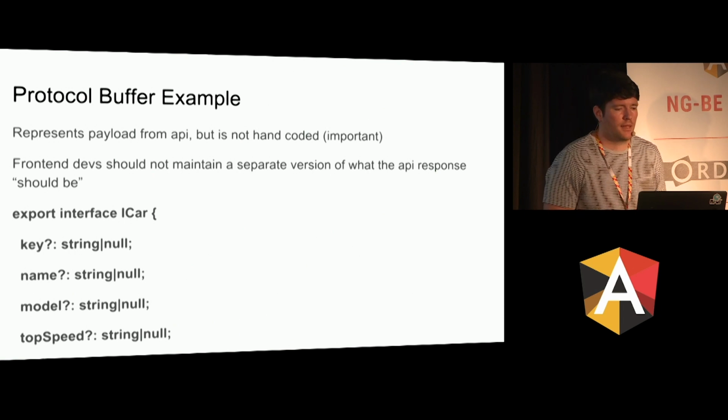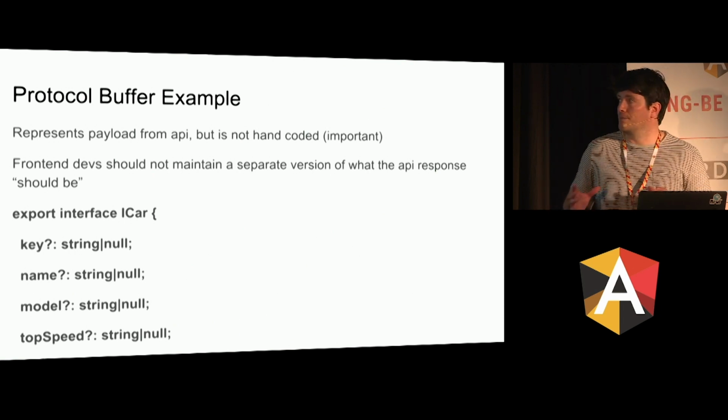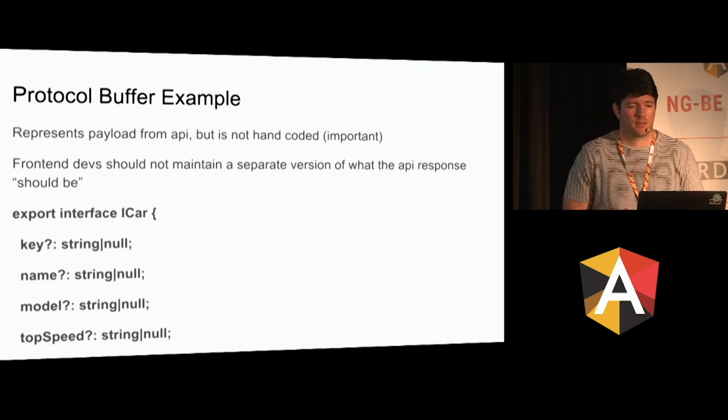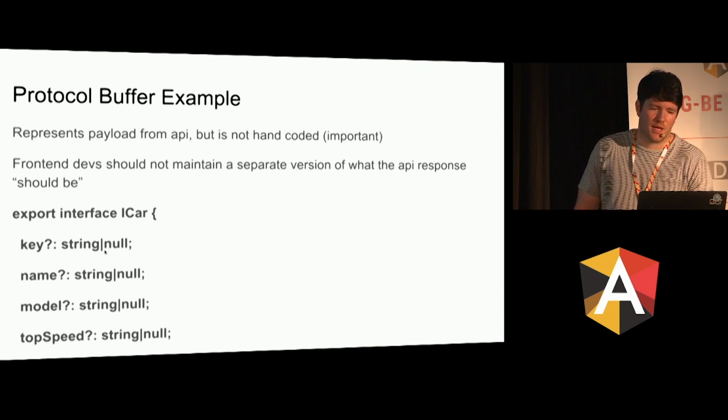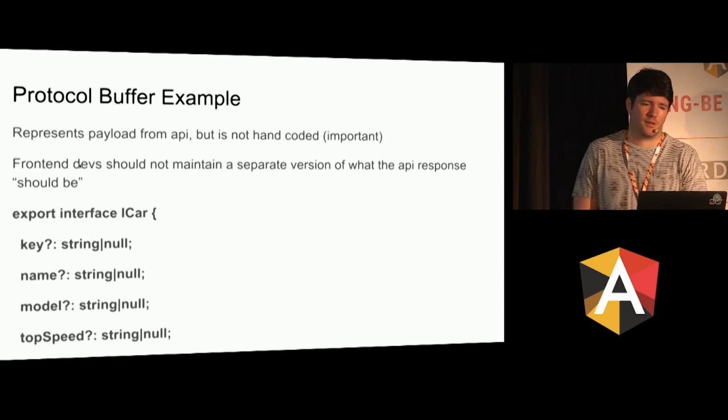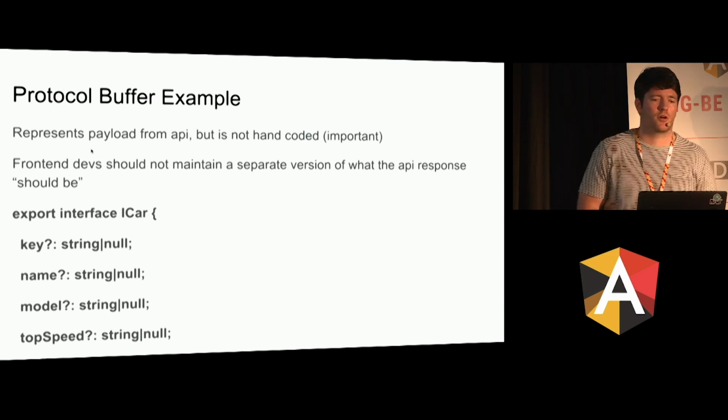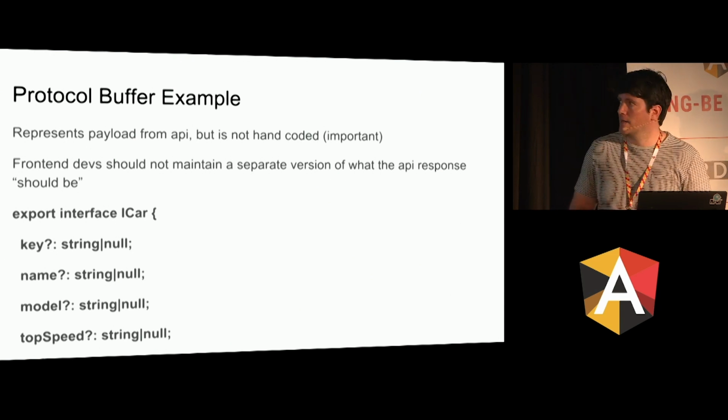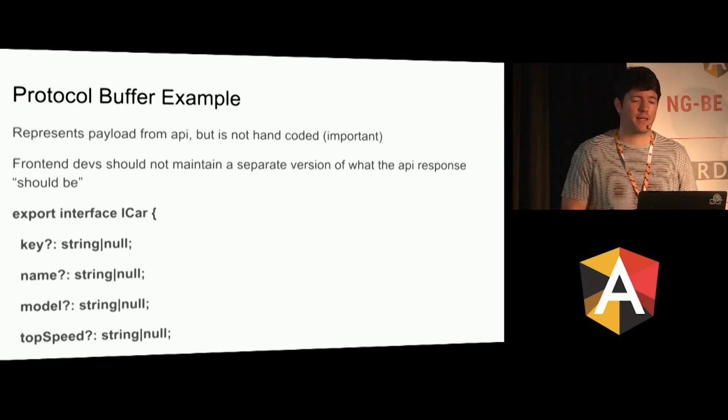So let's look at an interface that was generated from that proto. This is the TypeScript case, right? You have an interface generated off of that schema, and this iCar interface represents the payload from an API, like a car API. But the important part is that this was not a hand-coded interface, because in my opinion, front-end devs should never maintain a separate version of what the API response should look like.